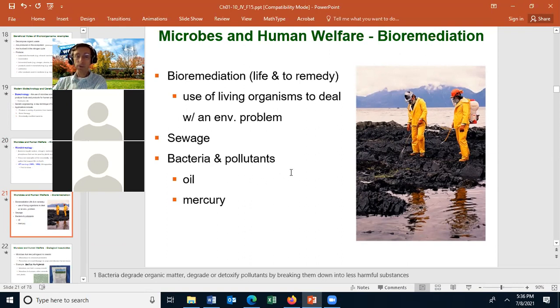If we treat it with the bacteria, it will convert mercury from elemental to some other form which is less toxic and harmful to humans and other animals. All right, any question about any of that?